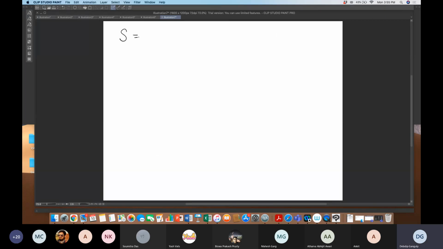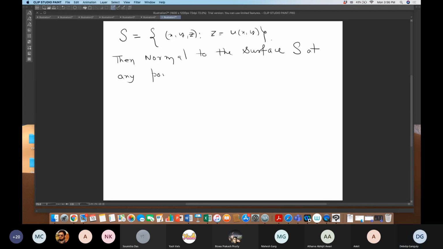So if S is given by x, y, z such that z is equal to u of x, y, then the normal to the surface S at any arbitrary point x naught, y naught, z naught is n naught.